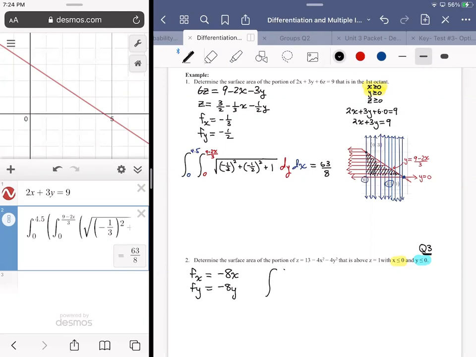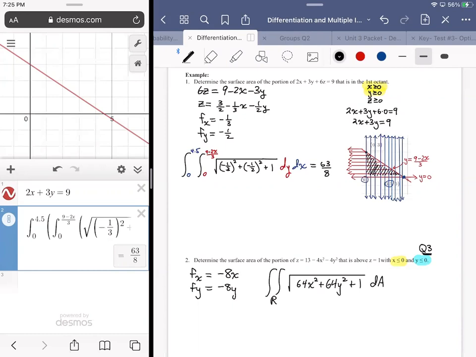You set up your double integral over some region R. So it's going to have the square root of your f sub x squared, so that's 64x squared, plus your f sub y squared, so 64y squared, plus 1, integrated with respect to some bounded area, some infinitesimal change in area.